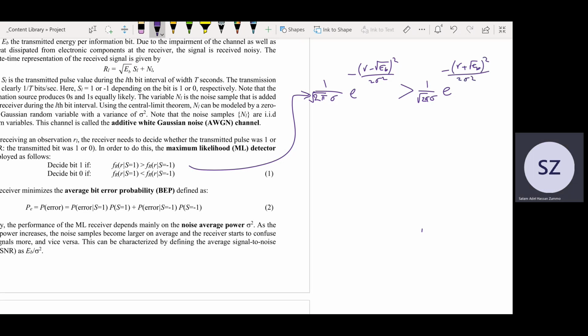Now I decide for bit 1 if the left hand side is larger than the right hand side, and I decide for bit 0 if it is the opposite. So now I just need to simplify this until I get R on one side and whatever solution on the other side.